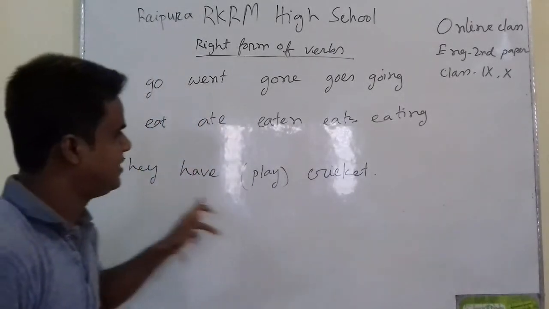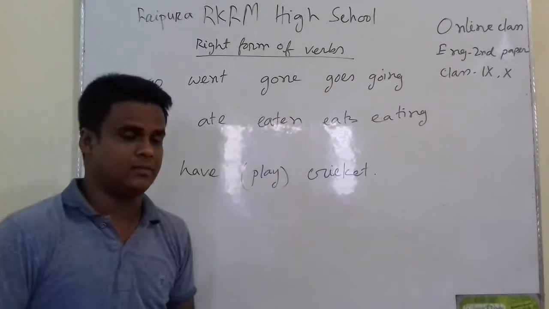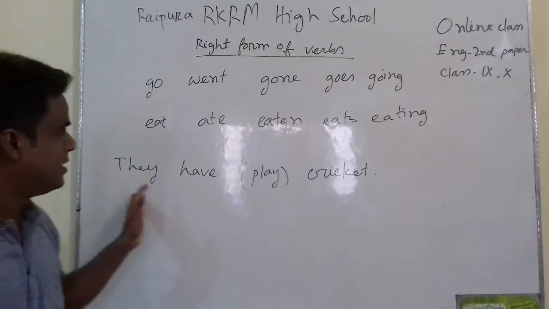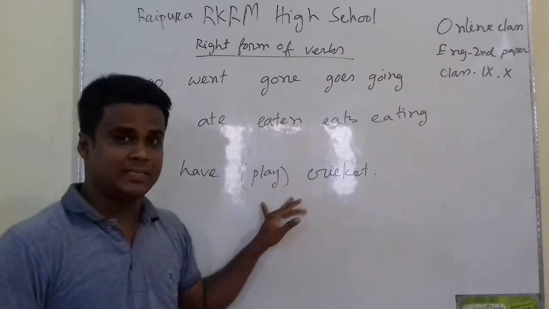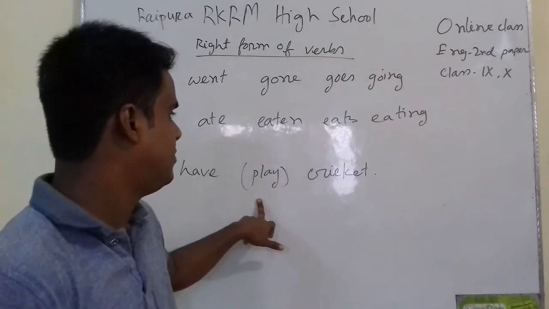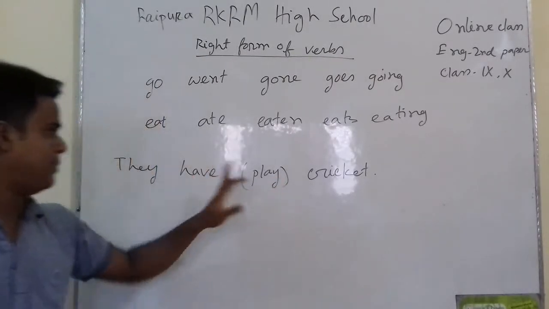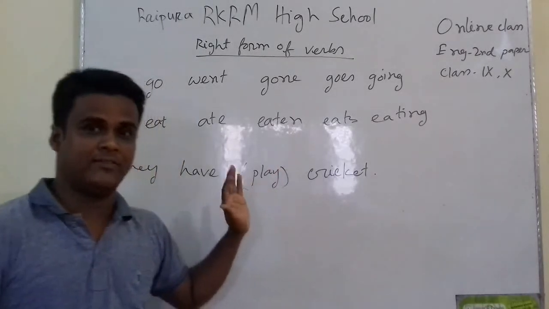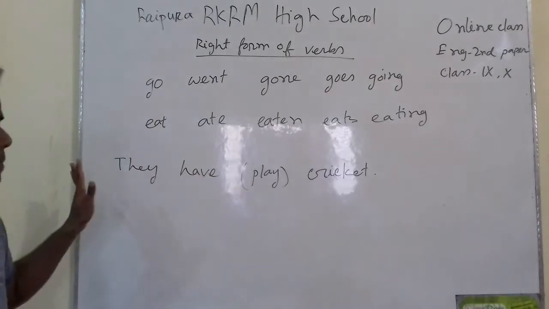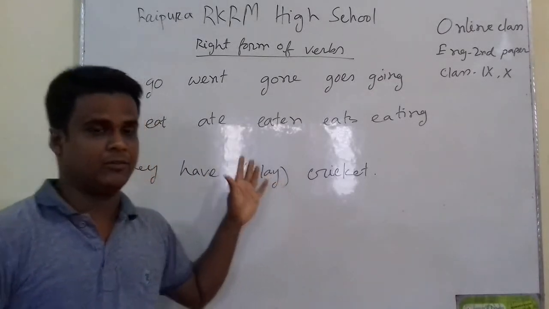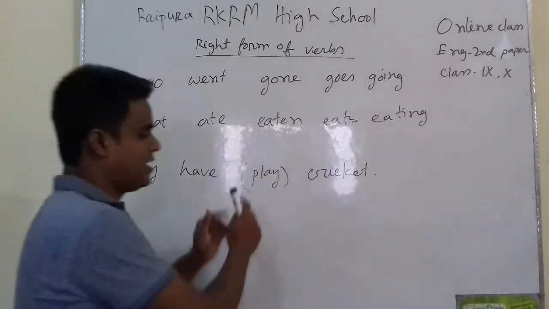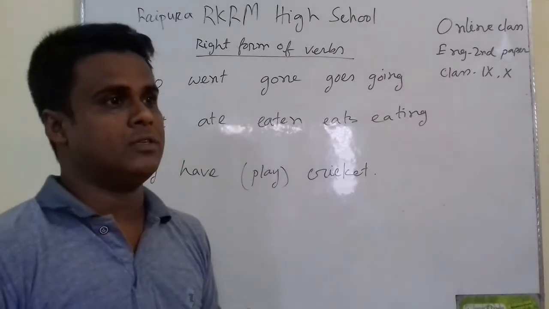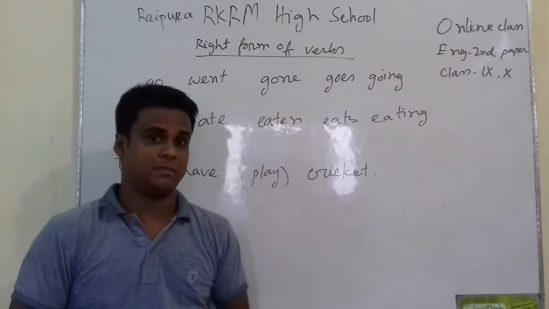So look, I have written a sentence. Look carefully. They have, play is in the bracket, which is the main verb, cricket. They have played cricket. We have to change the verb play accordingly, rightly, or we have to use some other forms of the word play.